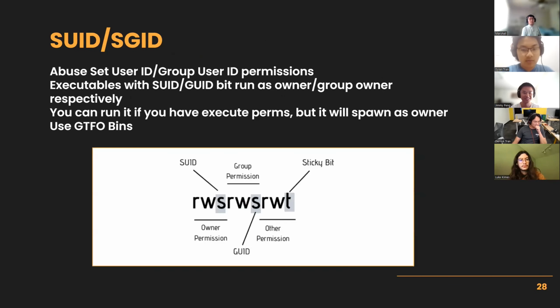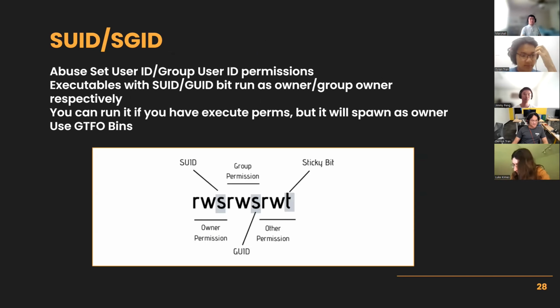Next slide. So another attack path you could do is if the SUID or SGID is set. What these stand for is set user ID and set group ID. The SUID allows you to execute a file or script as the owner of the file.